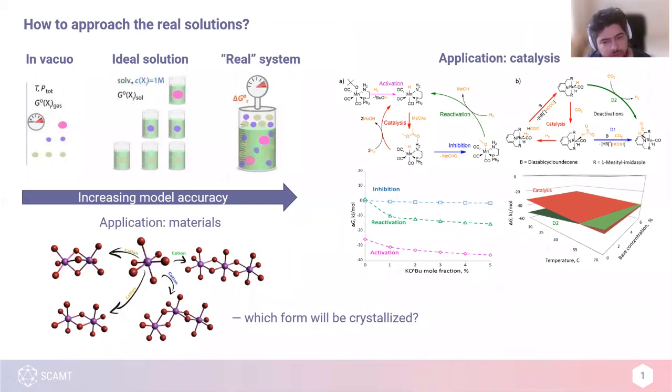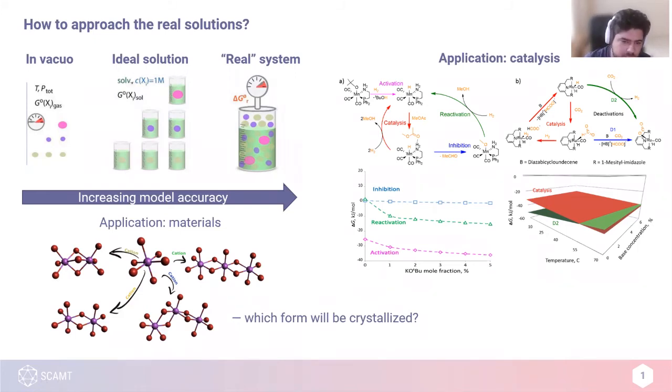But when it comes to solutions, the model molecules are surrounded by solvent molecules, and this solvent shell is always in dynamics. And there are some empirical methods in theoretical chemistry that can model ideal or highly diluted solutions, but they actually cannot consider the effect of other regions and therefore to describe concentrated solutions.